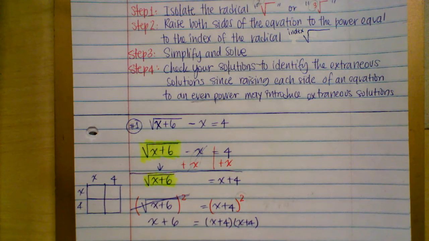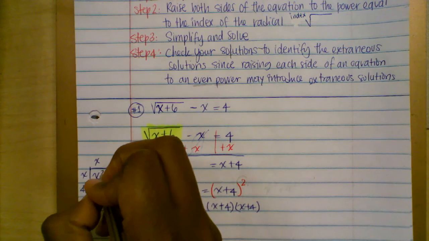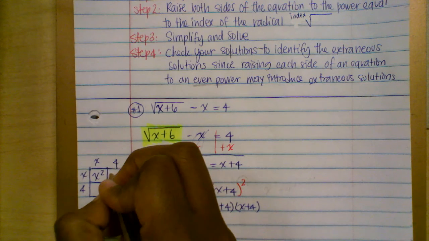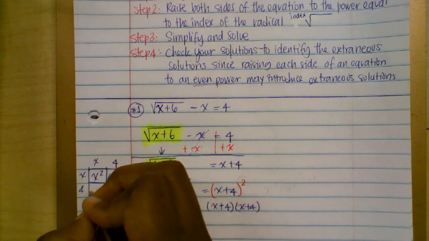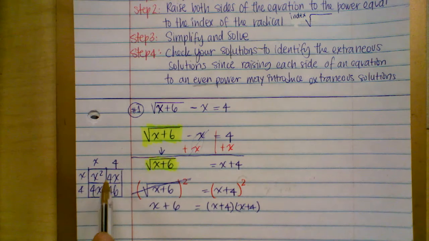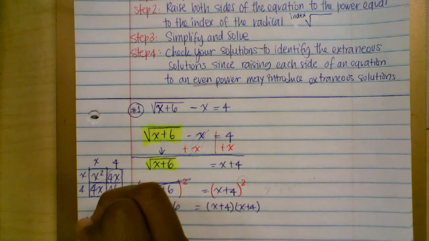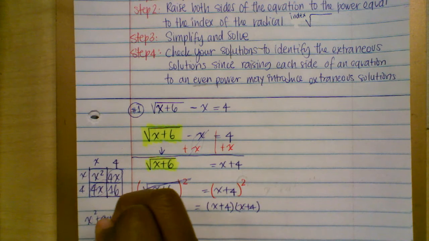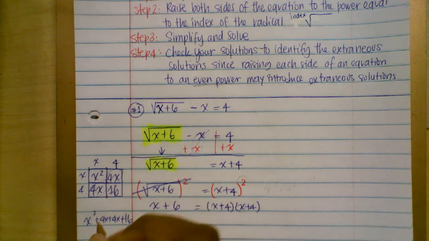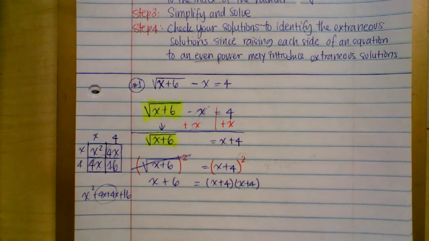So let's multiply. x times x is x squared. x times 4 is 4x. 4 times x is again 4x. 4 times 4 is 16. So the only terms you can combine are the middle terms, 4x and 4x. So you end up with x squared plus 4x plus 4x plus 16, and 4x plus 4x add up to 8x.